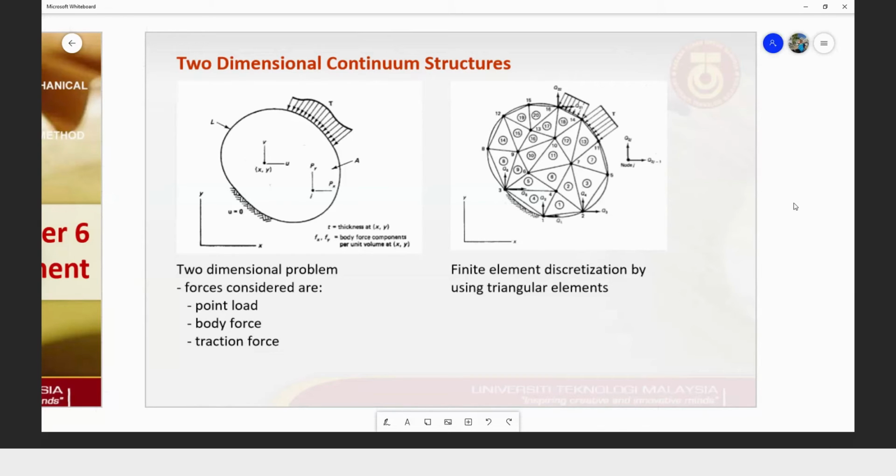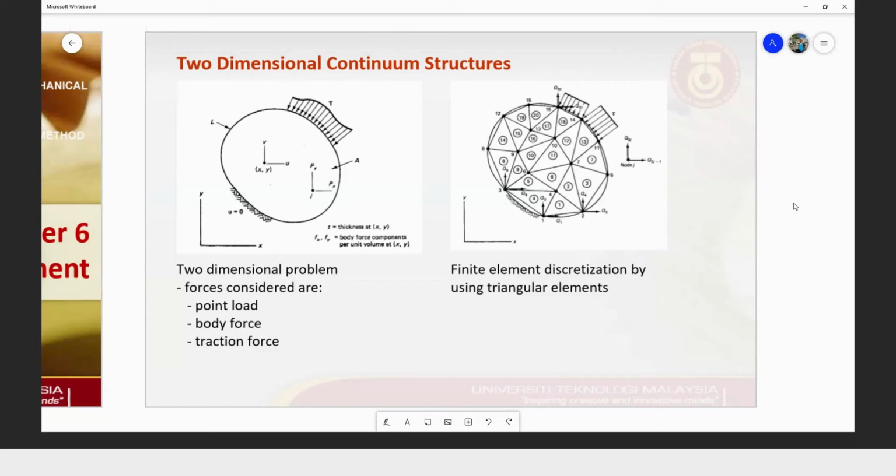We use different types of elements in modeling our problems. Starting from bar until frame structure, our element is in the form of a straight line, but by using straight line elements, it is still possible to determine the general displacements of your structure.